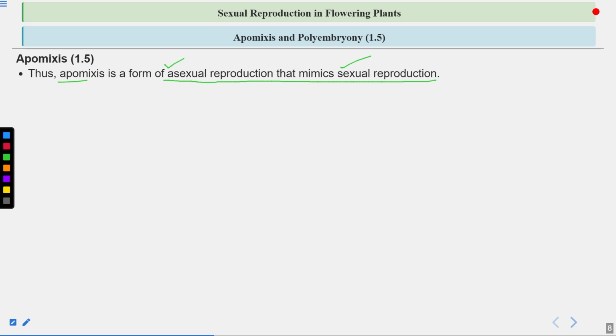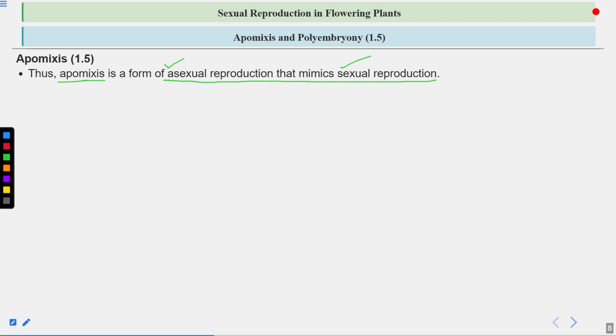The first line of today's lecture was the same, and that is why I emphasize this more. What is the result of double fertilization? Formation of seed. And in the case of apomixis, where no fertilization took place, there is still a formation of seed.